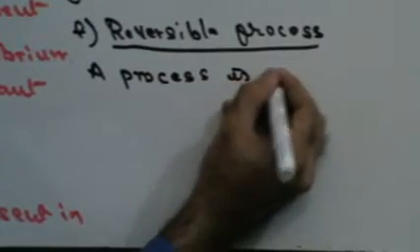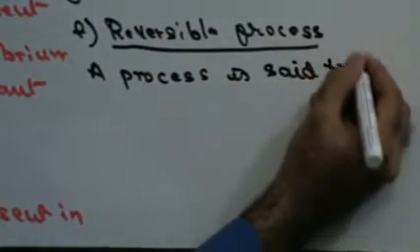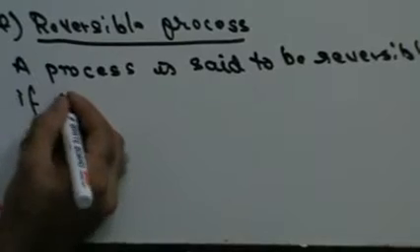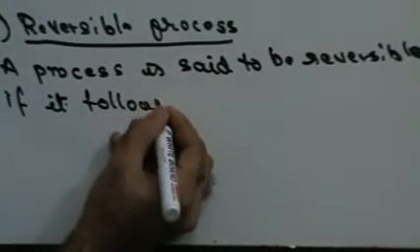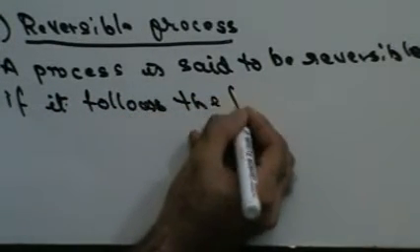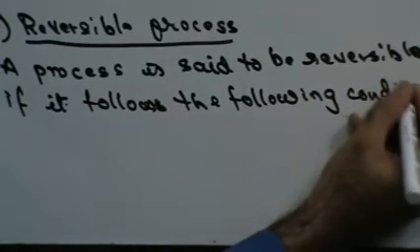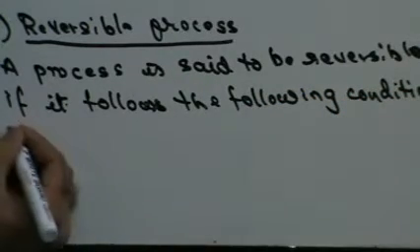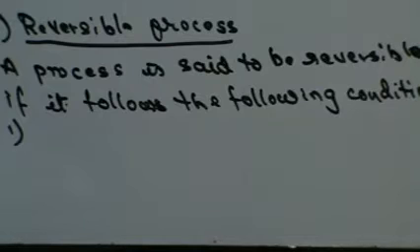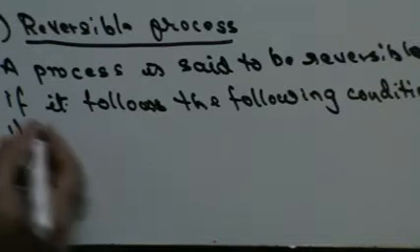I can say a process is said to be reversible if it follows the following conditions. First, the process must take place very slowly.